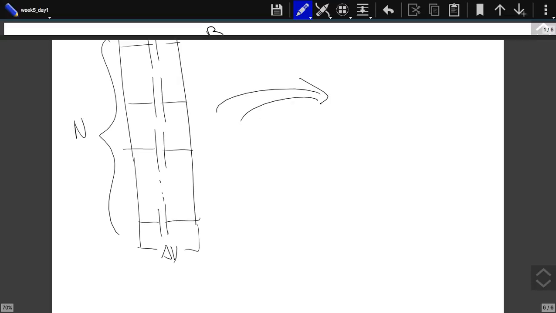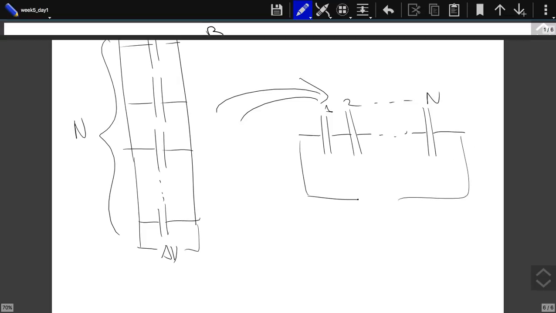Now you take these capacitors that have a potential difference delta V and connect them in series. And you have 1, 2, up to n capacitors. They're identical. So what is the potential difference now? N over delta V? Well, let's see. N over delta V, what are the units?